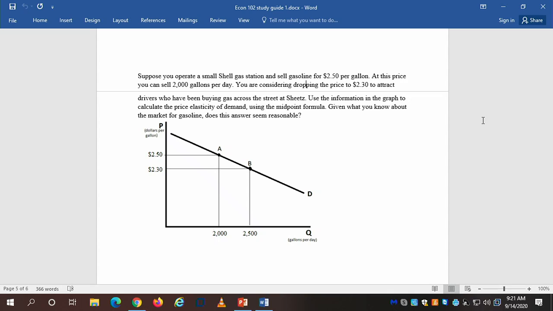So then we'll start doing the math here. That's 500 divided by 2250. Divide that by negative 20 cents, divided by 240.